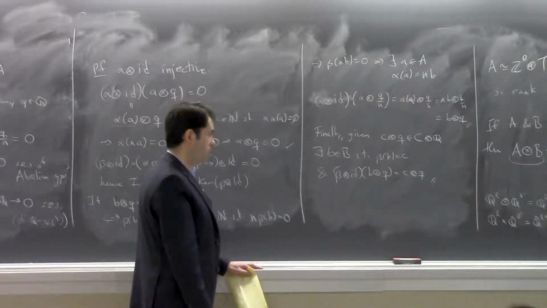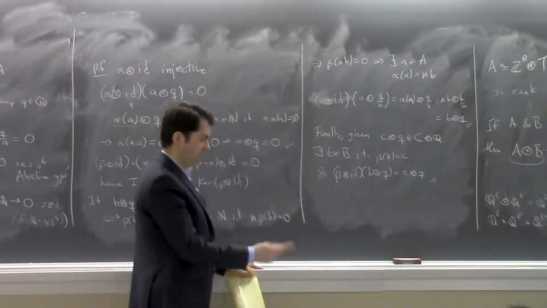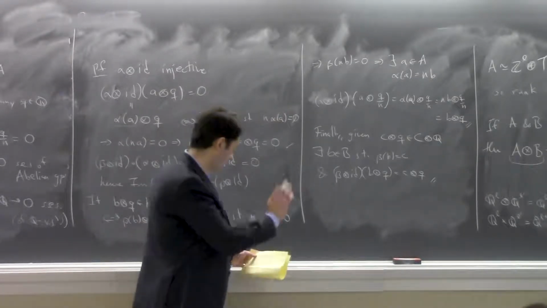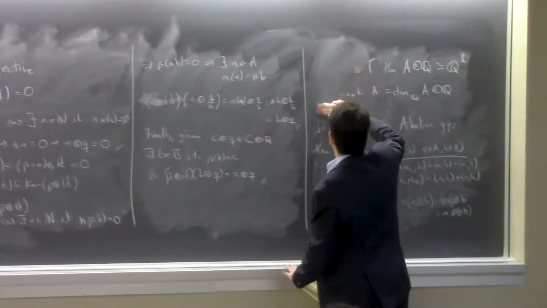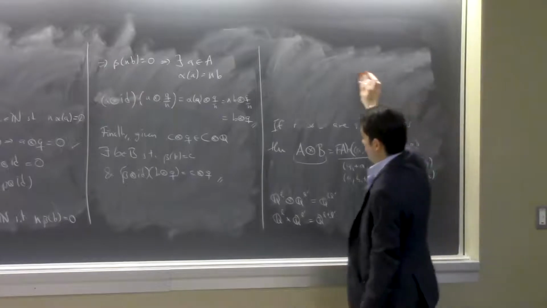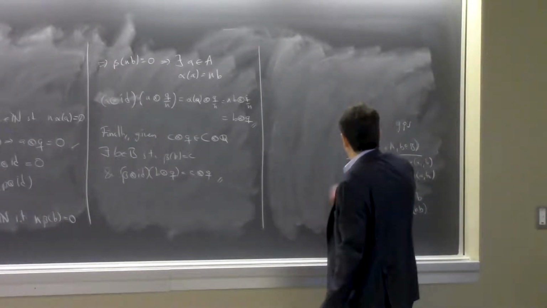There's a term for that. You say that Q is flat over Z. But anyway, that won't come up in this class, beyond Q. Okay, so what does that tell us?